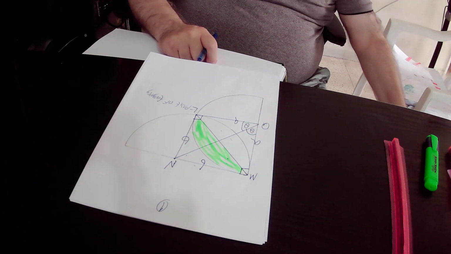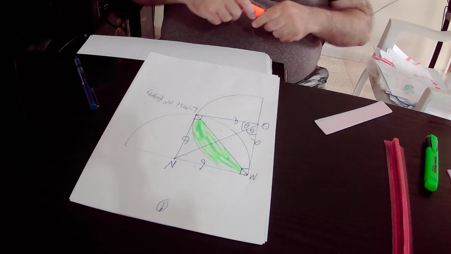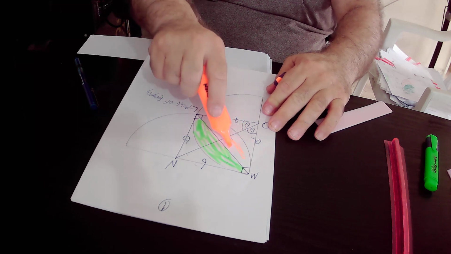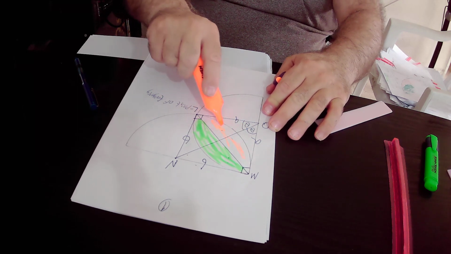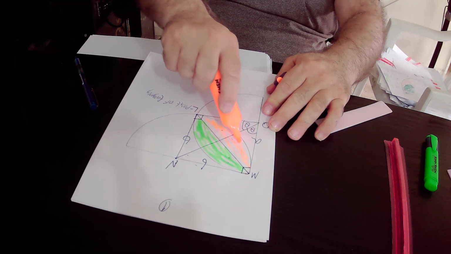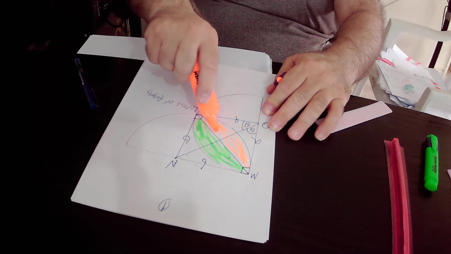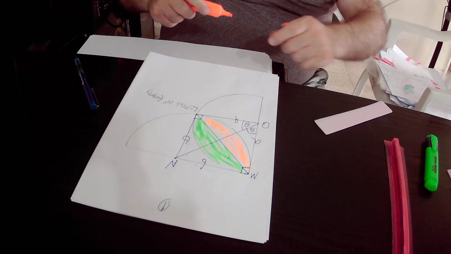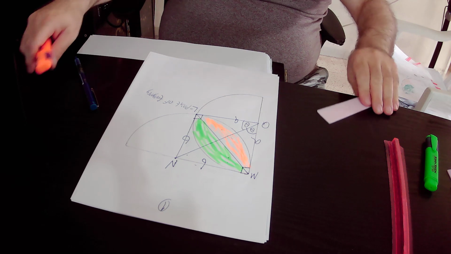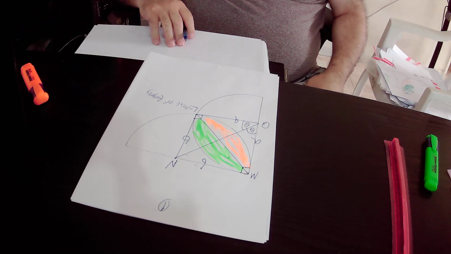In the next step, we'll find out the area of the lower circular segment ML. The area of this green shape, that is the area of circular segment ML. So what is the area of circular segment ML?